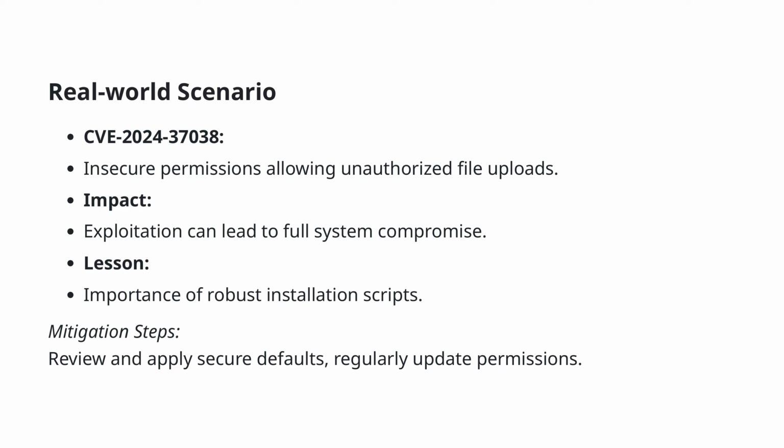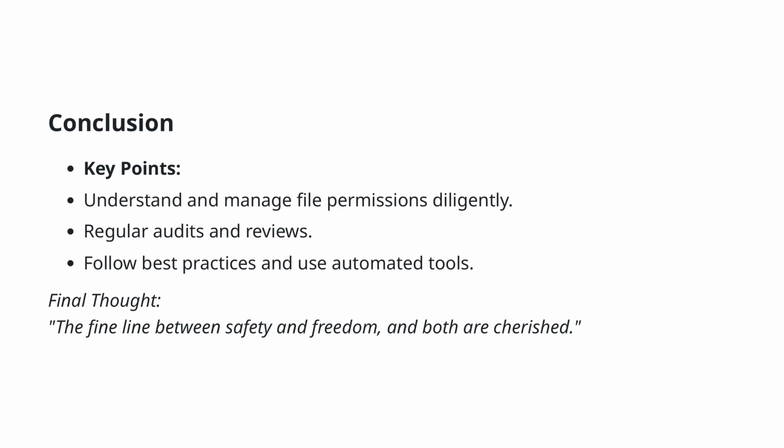Additionally, it's crucial to regularly update and review file permissions to ensure ongoing security compliance. By understanding and managing file permissions diligently, you not only protect sensitive data, but also uphold the integrity of your entire system architecture. In this slide, we're wrapping up our discussion by emphasizing some key takeaways from the course.